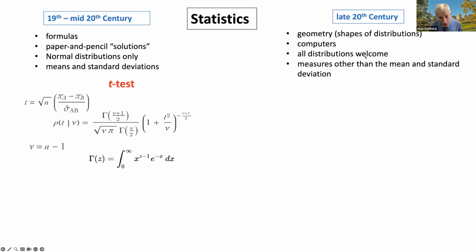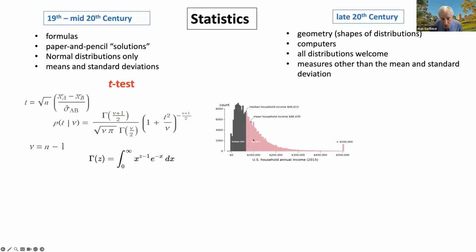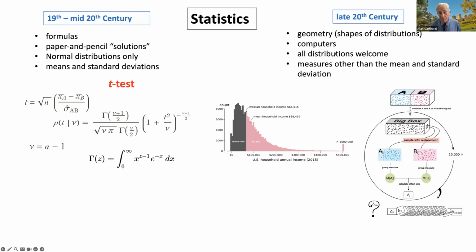All distributions are welcome, skewed distributions, bimodal distributions, and we can accept them easily because we're going to randomize the world to create the test against which we're going to compare the actual data. We don't have to make crippling assumptions to derive gobbledygook formulas.